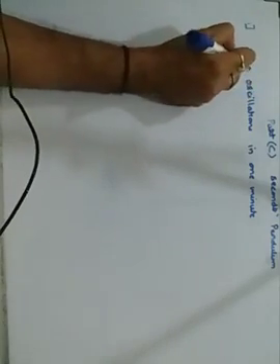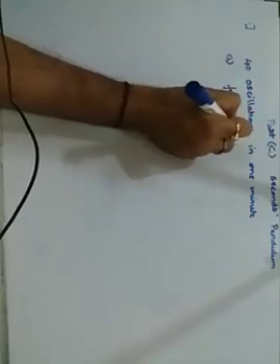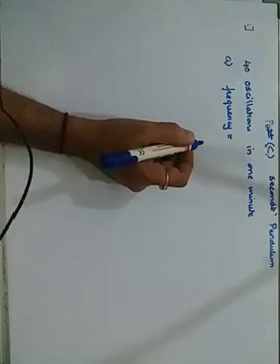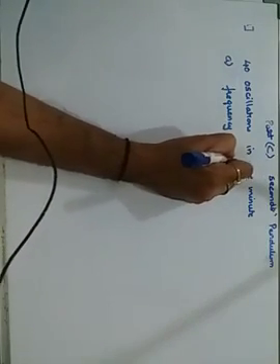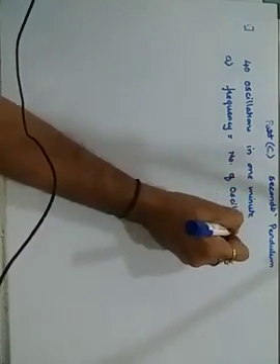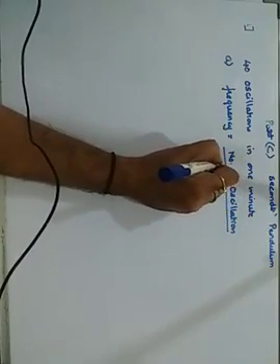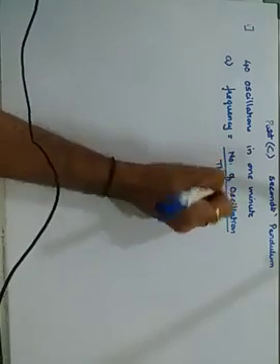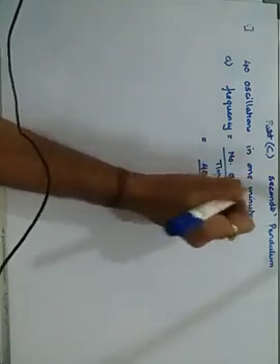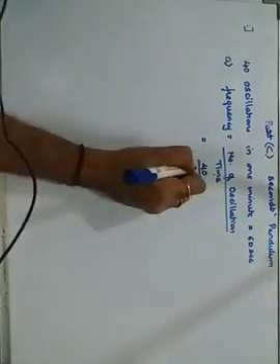Frequency, according to the definition, is the number of oscillations per second, so the formula becomes number of oscillations upon time interval. Here they have given 40 oscillations and time is 1 minute, which is 60 seconds.